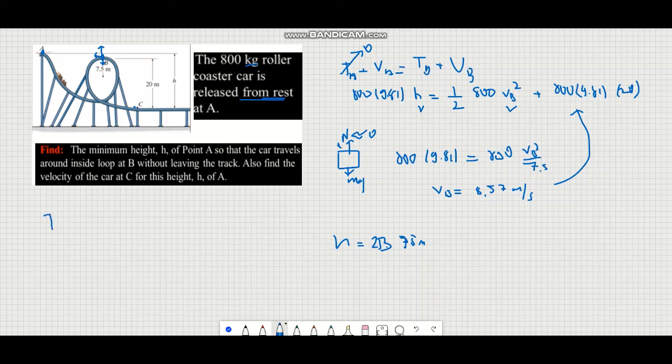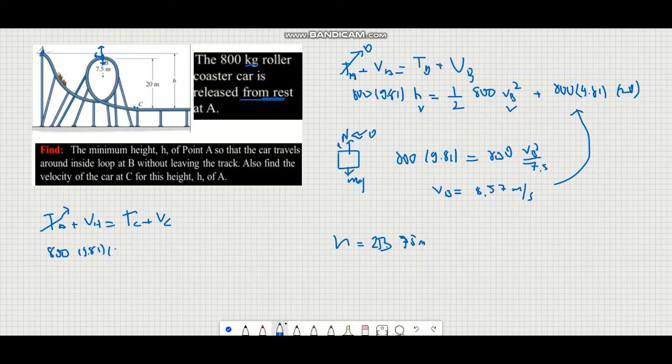So we know that right now TA plus VA is equal to TC plus VC. TA from the rest is gonna be 0. We know right now the VA is 800 multiplied by 9.81, mgh, right? And the h is 23.75.